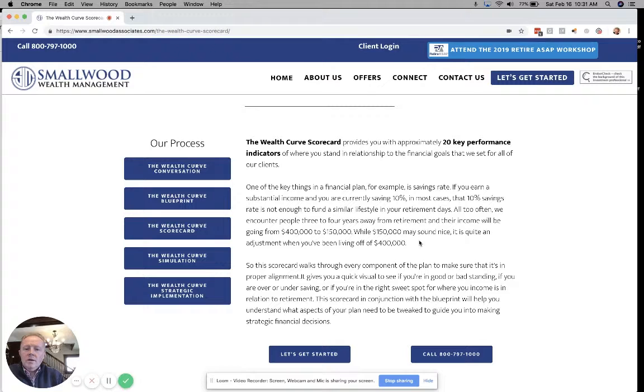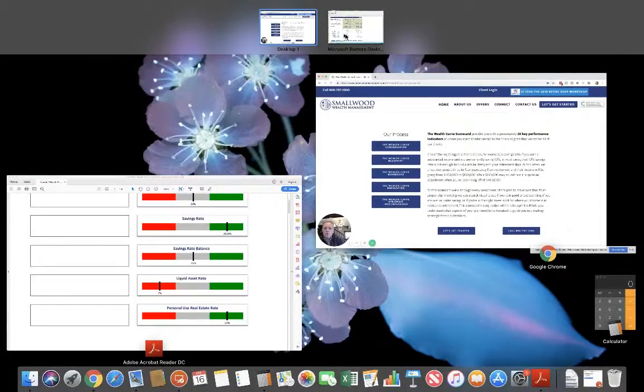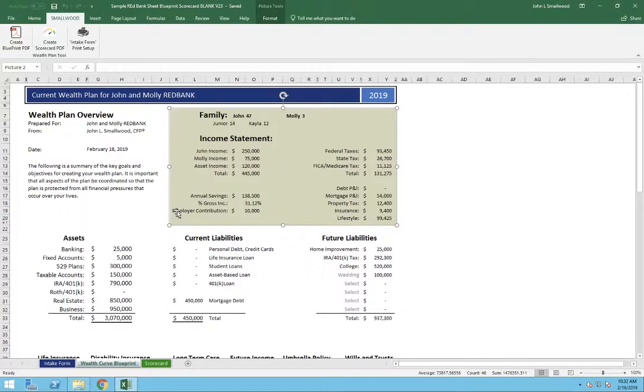What I'm doing here today is we're going to be continuing the conversation on the Wealth Curve Blueprint, digging into each of the components of the scorecard. As we talked about last time on the podcast, the Wealth Curve Blueprint is a tool that allows the individual to get a snapshot of where their income and their income sources are, their savings rate, employer contributions, federal taxes, state taxes, FICA, debt structure, mortgage, principal and interest, property taxes, insurance, lifestyle.